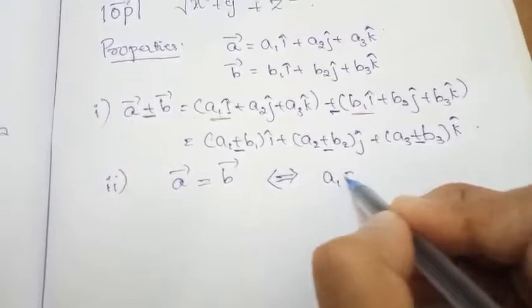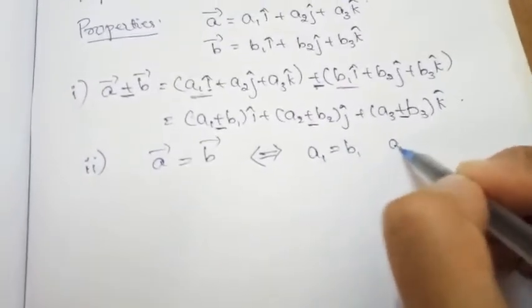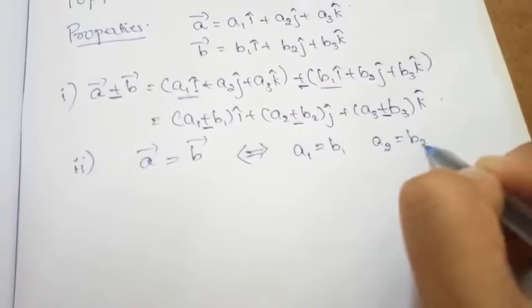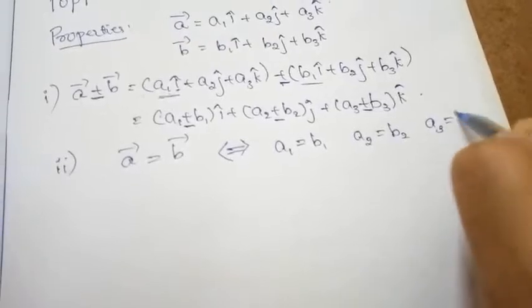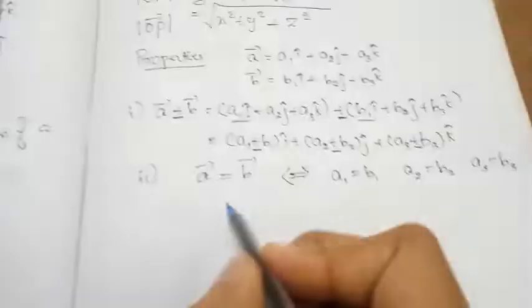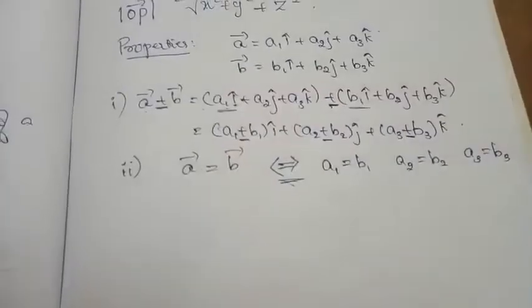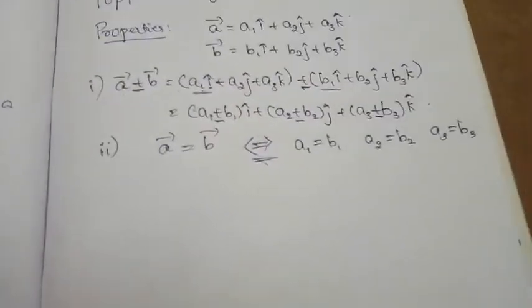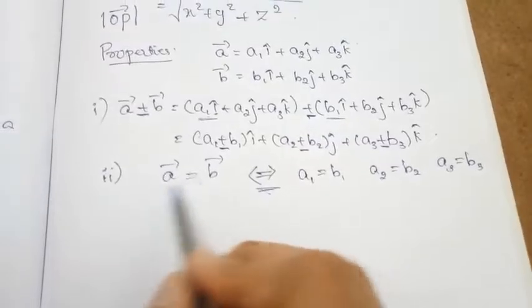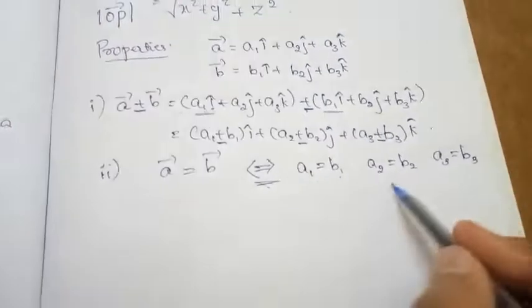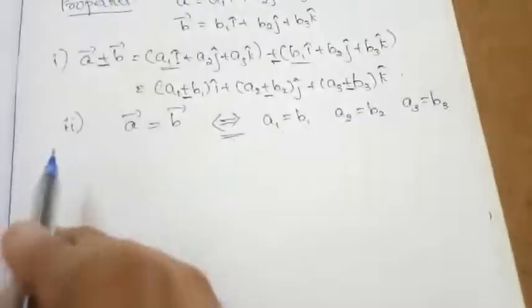That is a1 must be equal to b1, a2 must be equal to b2 and a3 must be equal to b3. So this is the if and only if condition, which we already know from the mathematical reasoning of the last year section. So if two vectors are equal, then the corresponding elements must be equal.